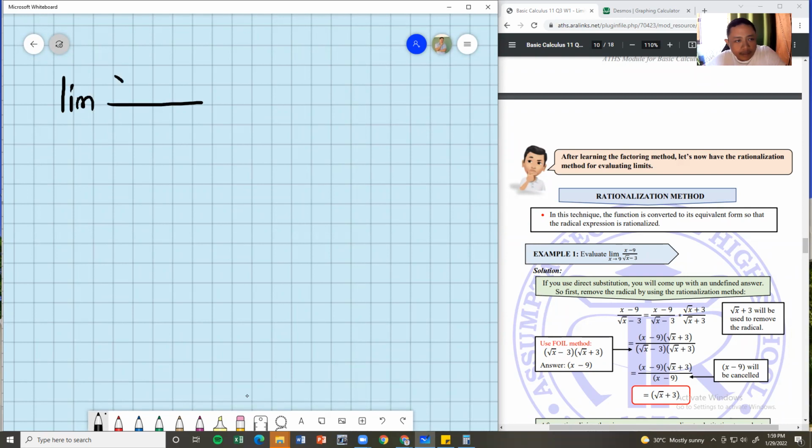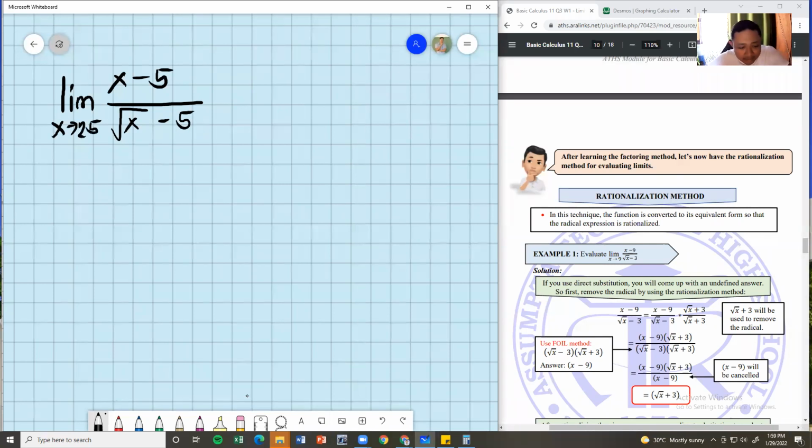If we have the limit of x minus 5 over the square root of x minus 5 as x approaches 25.